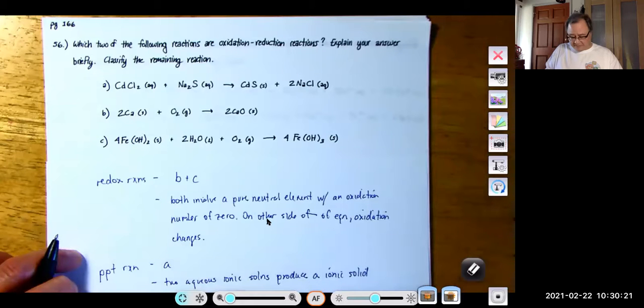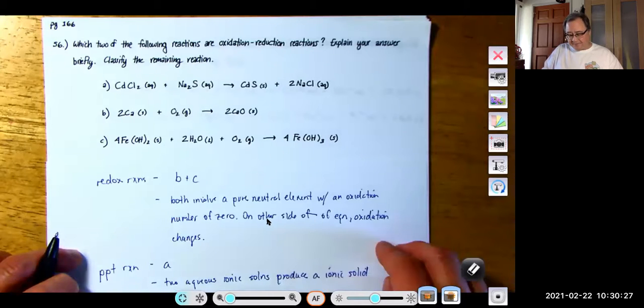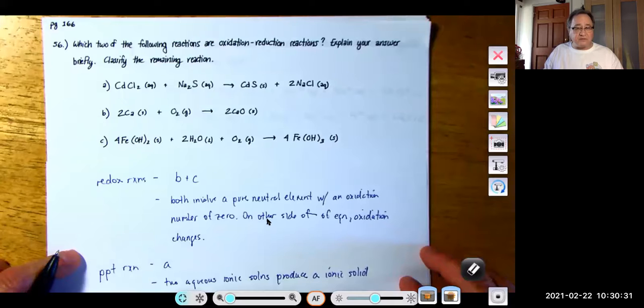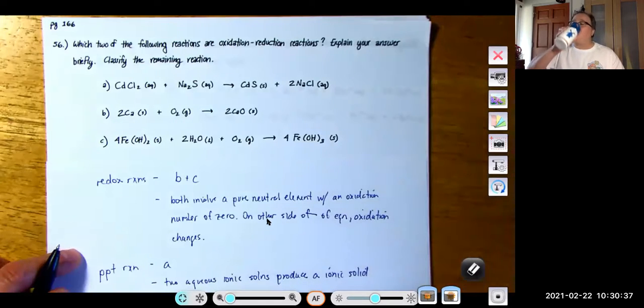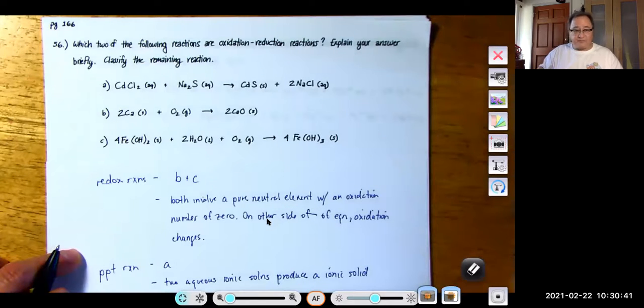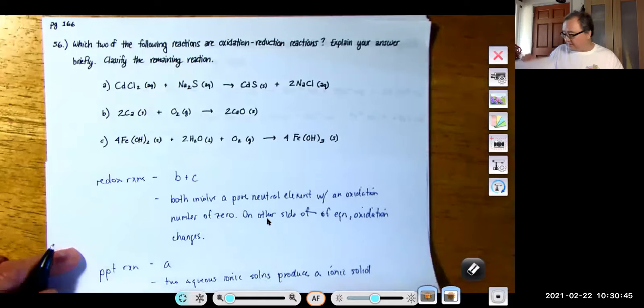Yeah. So that's how I would classify each of these. Any questions there? Are we good to go? Okay. Going once, going twice, gone.